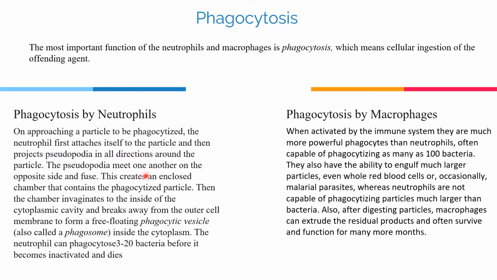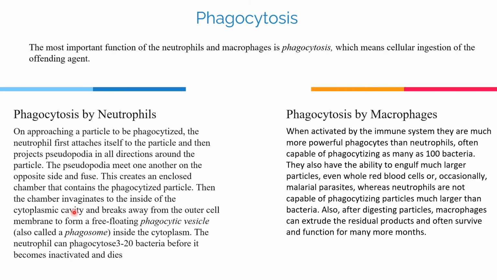The pseudopodia meet one another on the other side and fuse. So essentially, like tentacles, the pseudopodia cover the foreign object and then fuse together to enclose the whole foreign particle inside a chamber which is present in the neutrophil itself.